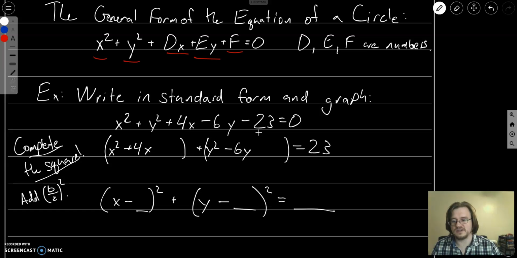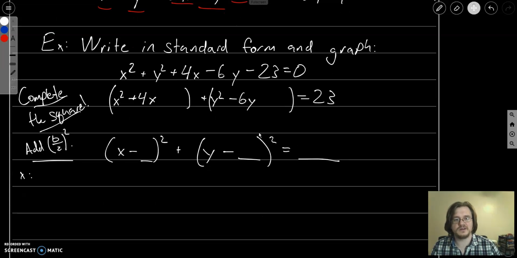So for this first term, so for the x term, we have a 4. So what I want to do is I want to take 4 divided by 2 and square it. 4 divided by 2 is 2, so that squared is 4. So what I want to do, and maybe I'll do this in red so that it's more visible, I'm going to add 4, but whatever I do to one side, I have to do to the other.